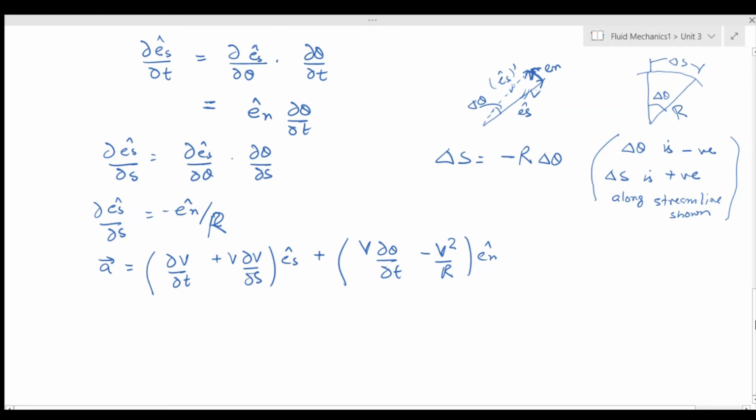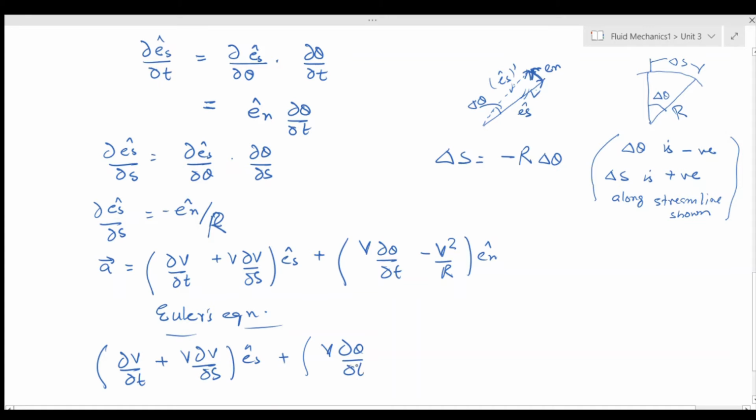Now my Euler's equation would look something like this: del V by del T plus V del V by del S Es, streamline component, plus V del theta by del T minus V square by R, this is perpendicular to streamline.